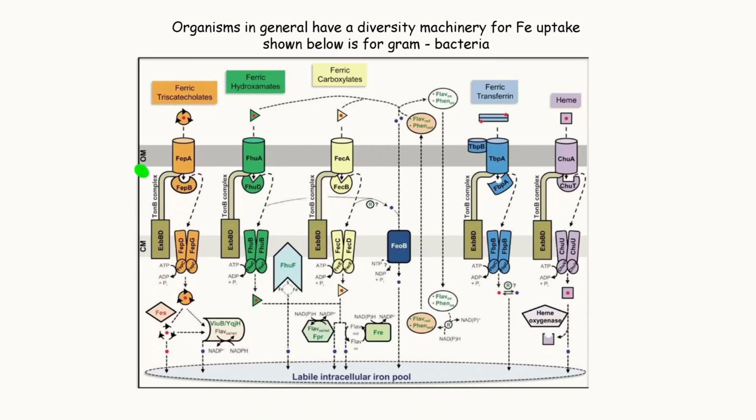But you can see that the strategy is exactly the same. You have a beta barrel. These are all periplasmic binding proteins. This picture is screwed up in that they forgot the TonB.